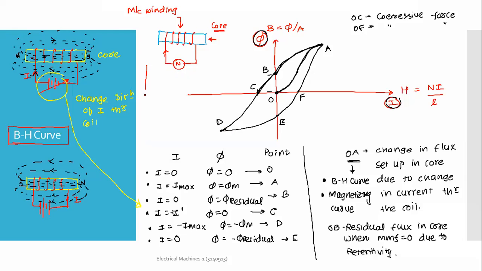So what will happen here? It is alternating in nature with time t. Continuously the magnitude of current will change, and the direction will also change with each half cycle. As the current increases here, at this point the flux set up in the core will be at its peak.